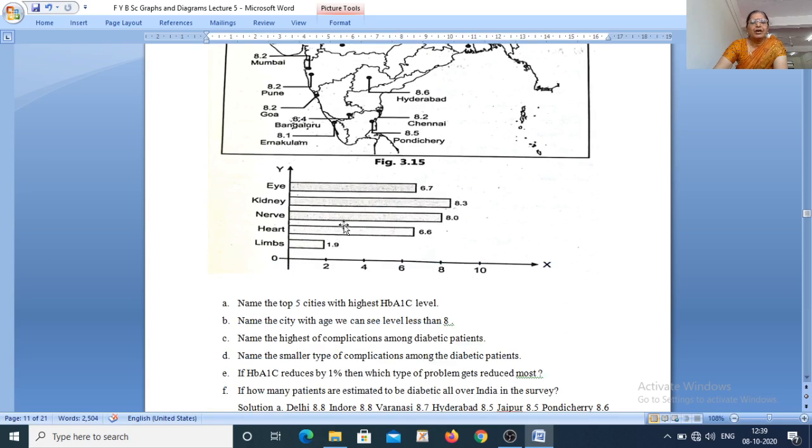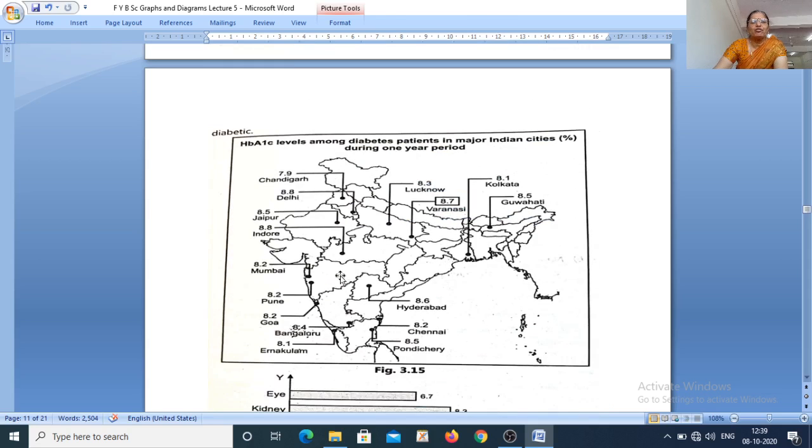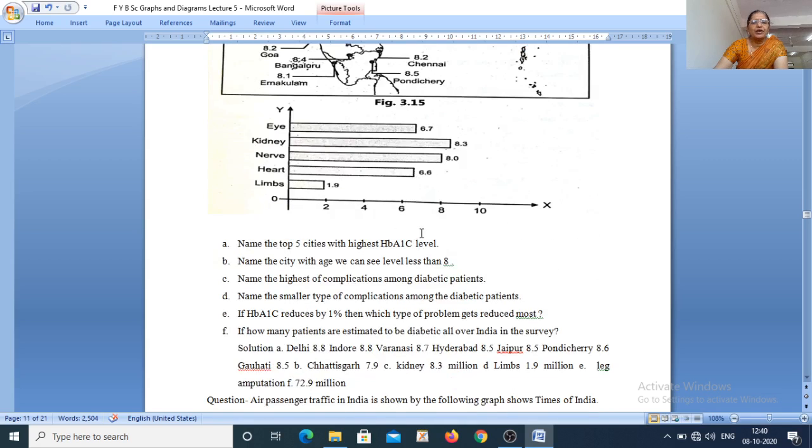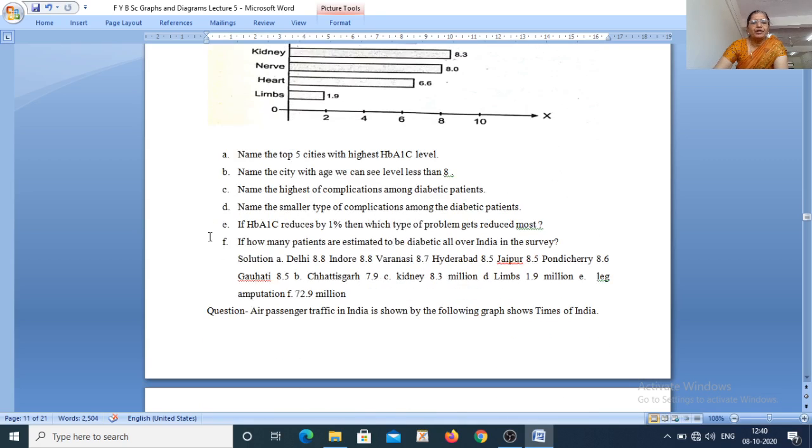These are the things which we have given in the data. This is the name of the disease or disease related with eye, kidney, nerve, heart, limb, and on the x-axis these are the percentage of cases during the year. So you can write such type of questions.